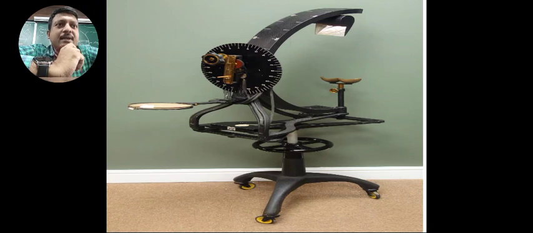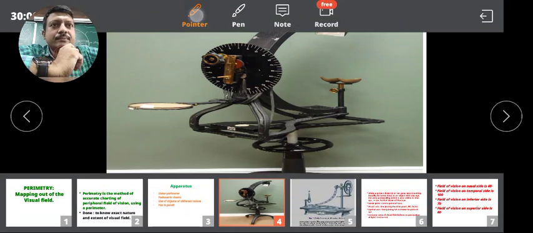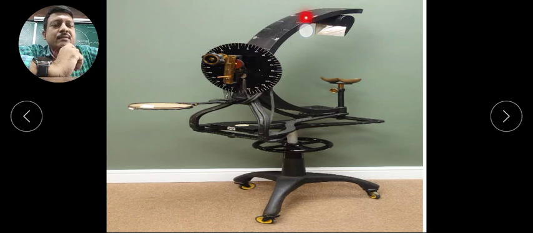This picture is showing the Lister perimeter to record the peripheral field of vision. This is the metallic arc which can be rotated, and this is the adjustable chin rest.